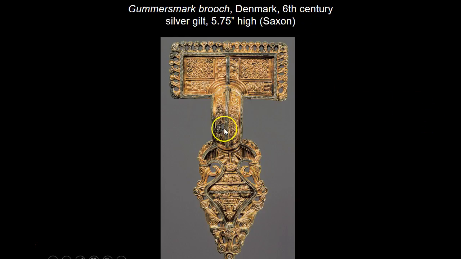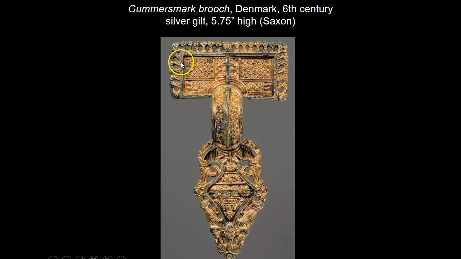So you see that this is gilt silver. So this is silver that's covered in a layer of gold. And at first it looks completely abstract. It's symmetrical. It's a large piece of jewelry. This fits our definition of these early barbarian jewelry pieces. We do notice, though, there are some images of animals. So when you look carefully, you see images of animals with open mouths and lolling tongues, sometimes creatures that we can't really tell what they are, seeming to creep about or wrap around things in the jewelry.